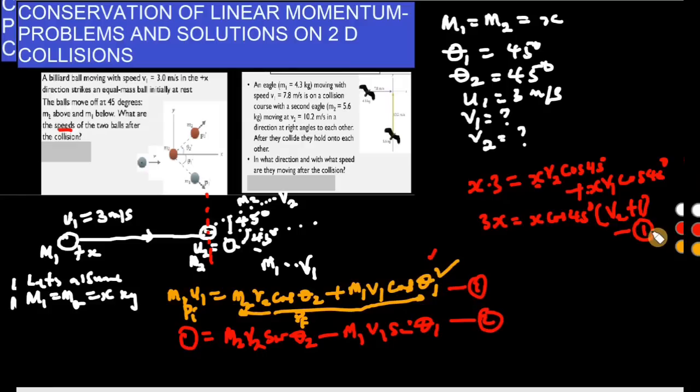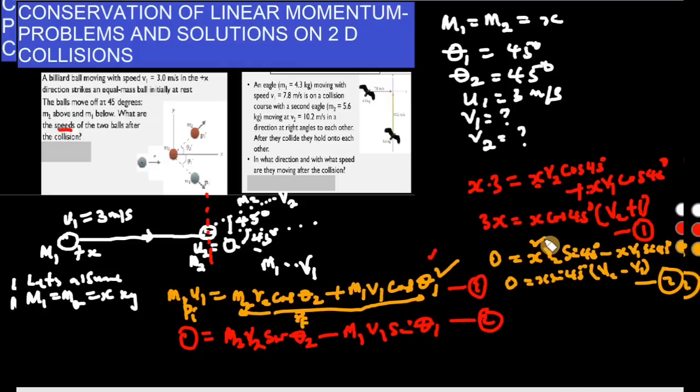So utilizing equation 2, we shall have 0 equals m2 which is x, v2 is yet to be determined, sine 45 degrees, minus m1 which is x, v1 is yet to be determined, sine 45 degrees. So from this equation 2, I can call this 2a and this 2b.